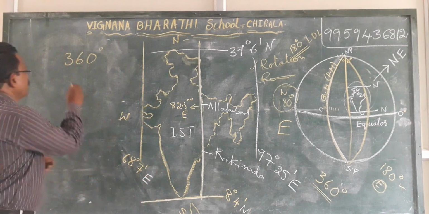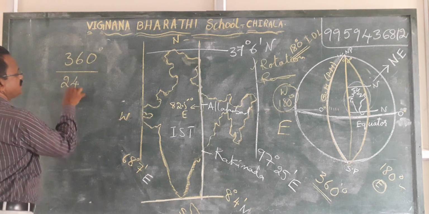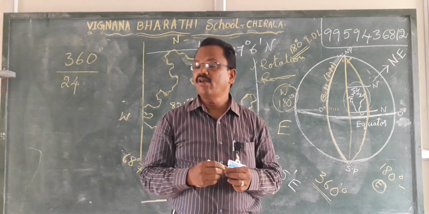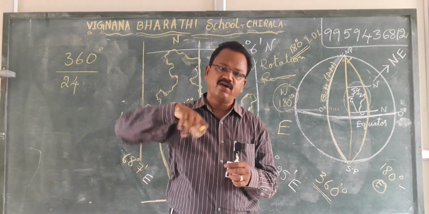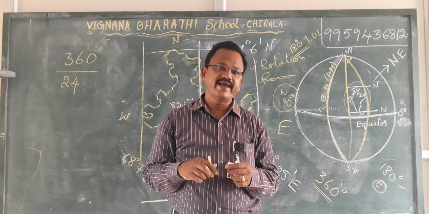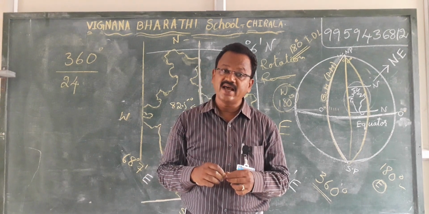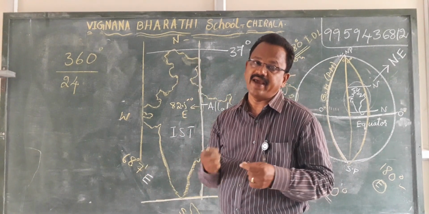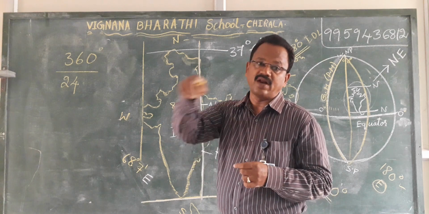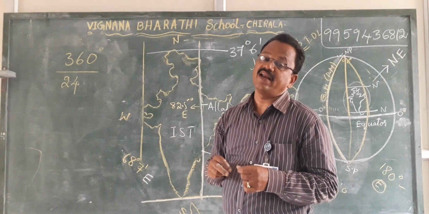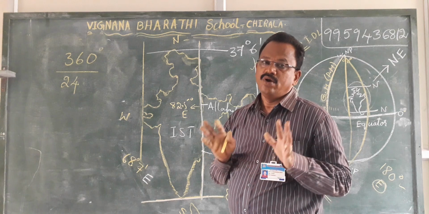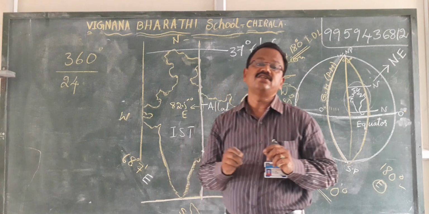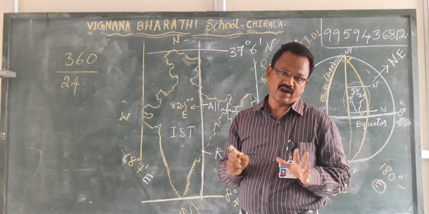Time is about 24 hours for one rotation. So in 24 hours, how many longitudes we are crossing to revolve around itself to reach the same place? 24 hours, 360 degrees. Here 24 hours time duration is being taken by a place to cross the 360 longitudes. So 360 longitudes are being crossed by a place in 24 hours.